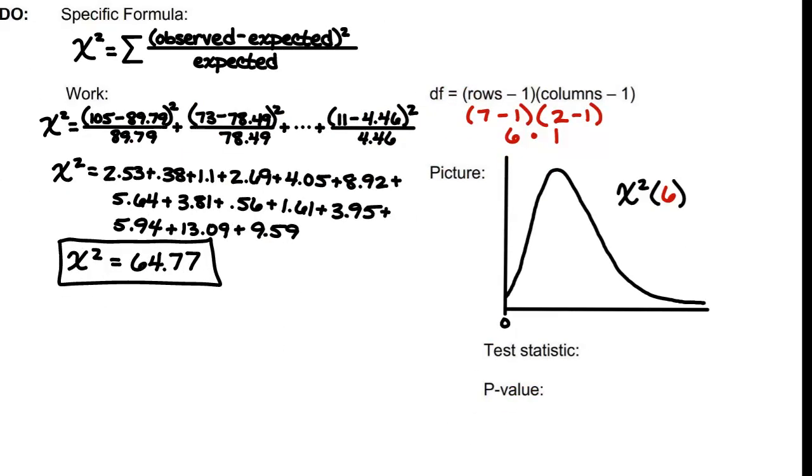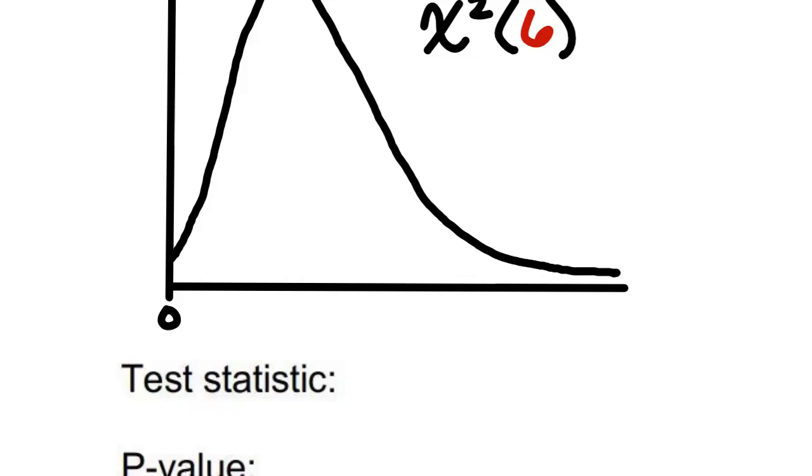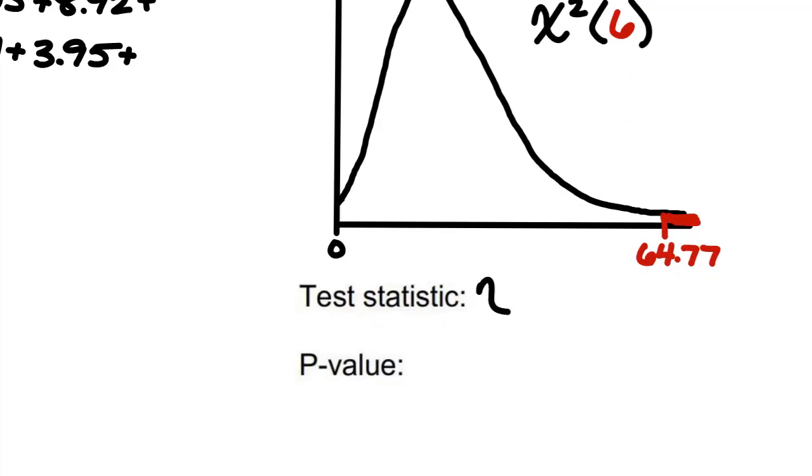My test statistic, my chi-square, is 64.77. If this is 0, where do you think 64.77 would be? Way off that tail. Way over here somewhere, 64.77. I'm going to write down my test statistic. Chi-squared equals 64.77.